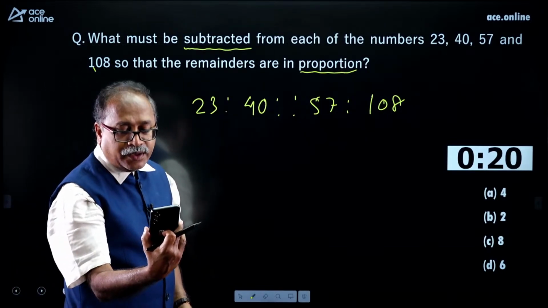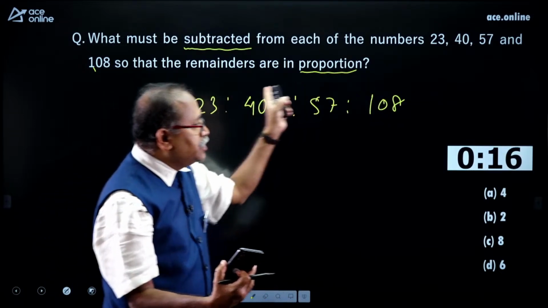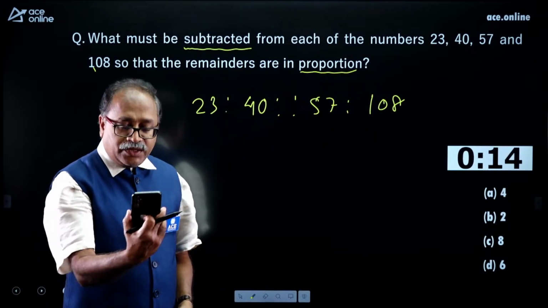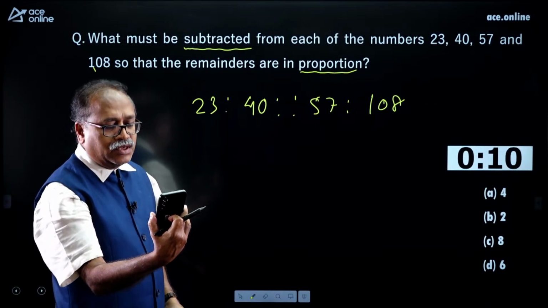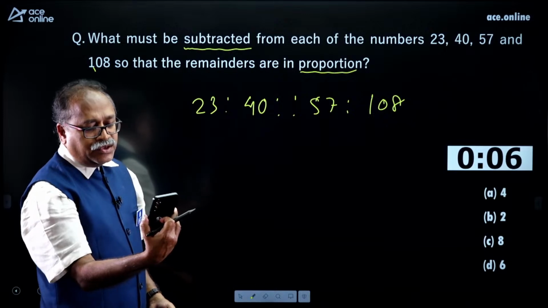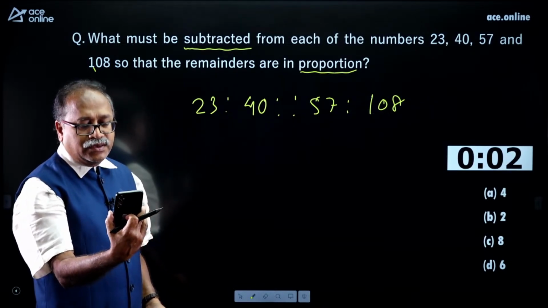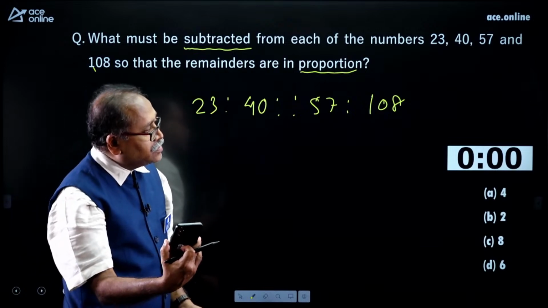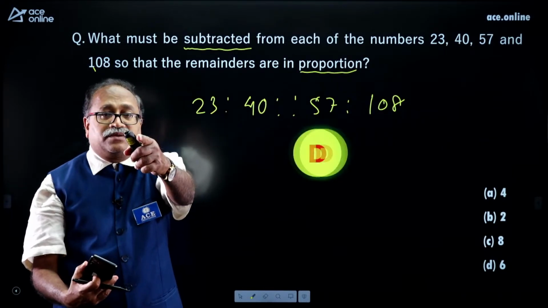What should be subtracted? Check the unit digit. Check the unit digit. You are saying option A, Pawan? Check your answer once, Pawan. Come on, David Singh. The time is up.